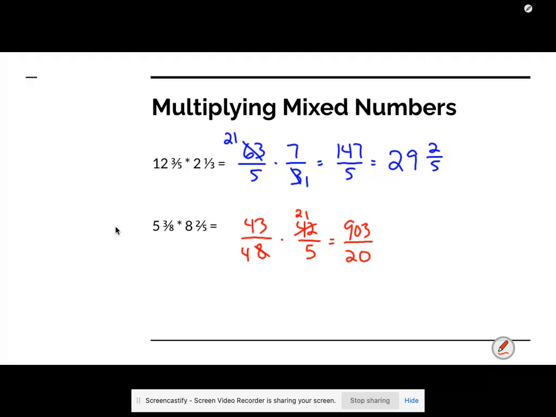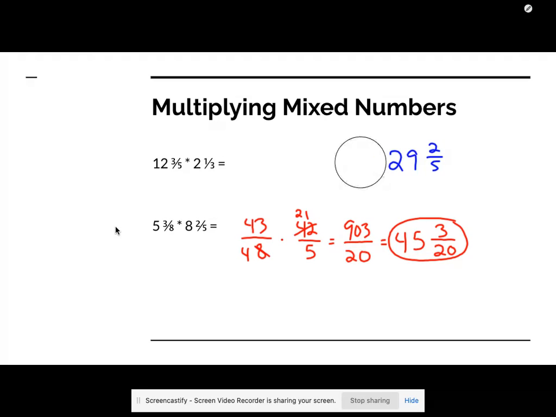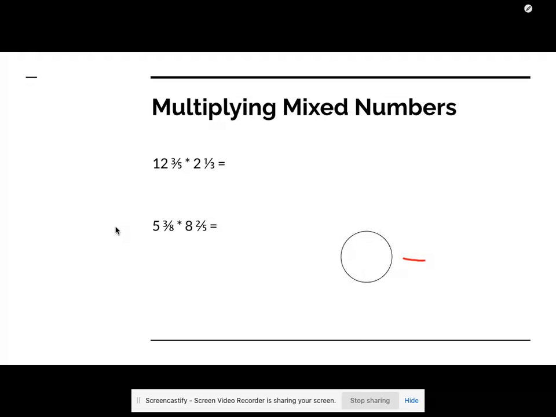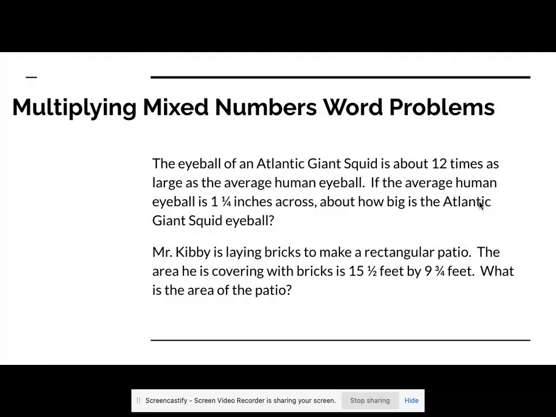Doing my long division problem, I end up with 45 and 3/20 as my final answer. All right, so your answers are going to be much larger when we have mixed numbers, especially when we're working with some irregular fractions, not normal ones like 1/2, 1/4, and so on and so forth.